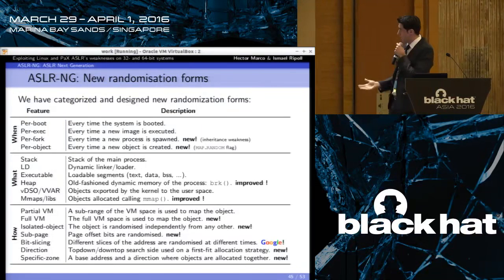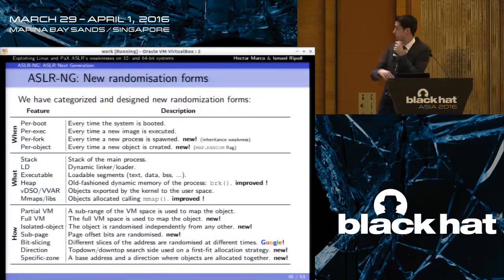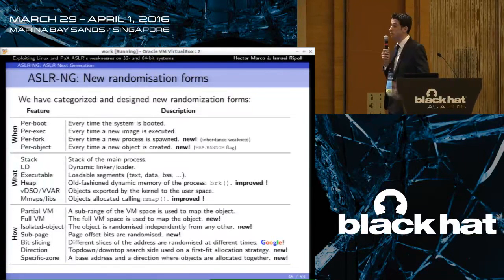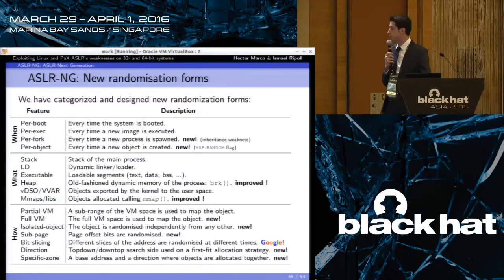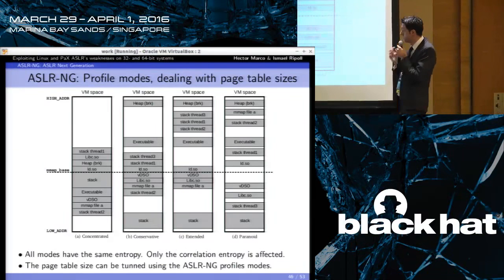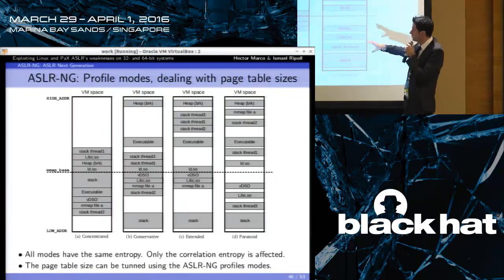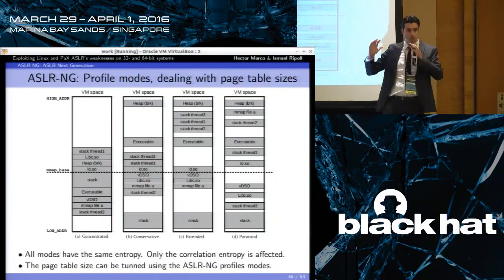So all of these randomization forms that we have introduced produce maybe too many configurable options. So we decided to create four profile modes in order to make ASLR-NG more usable. The first one is the concentrated, which tries to put all objects together.